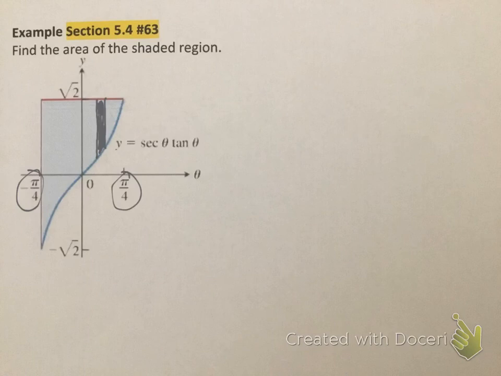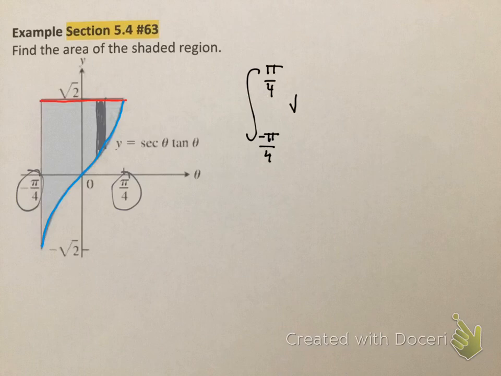Does the top stay on this red line the whole time? Does the bottom of the representative rectangle stay on the blue curve the whole time? Your answer is yes. So therefore you can set up your integral. So your boundaries are going to go from negative pi over 4 to pi over 4.